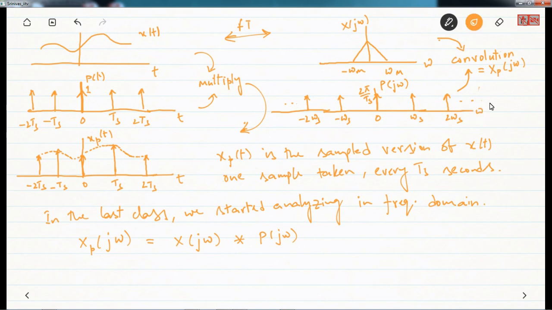This is the ω axis, and ωs is equal to 2π by Ts. If I convolve these two signals, I'll get Xp(jω), and that's where we stopped in the last class. In the last class, I tried to show you what the convolution of these two signals becomes.